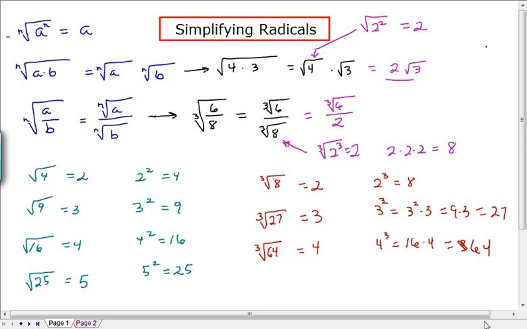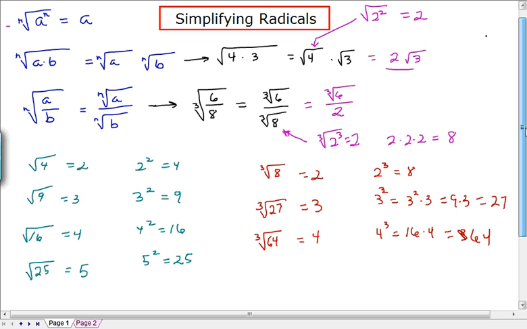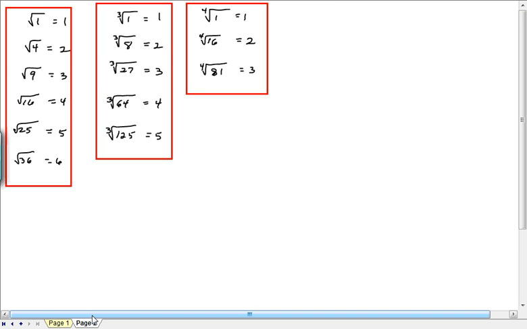So I've written them in order. 2, 3, 4, 5. 2, 3, 4. Now let's use some of this to simplify some radical expressions. Here's what we have to work with and our 3 basic principles.